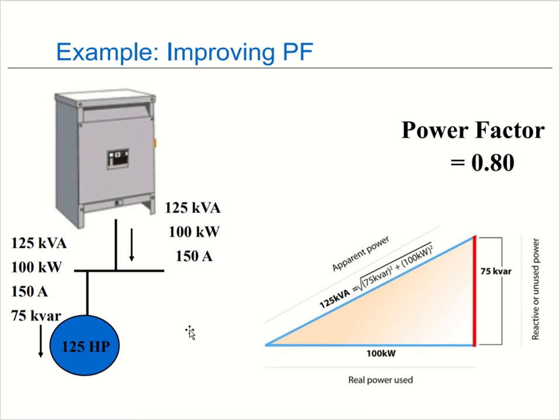So you will multiply square root of 3 times 480 times sine of 36.86. That will give you 74,960. That's about 75 kVAR.